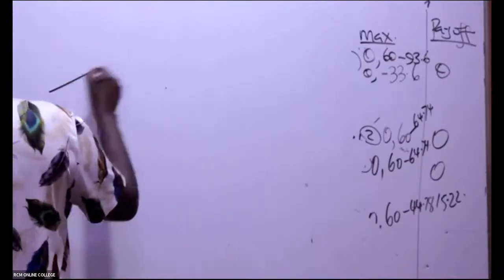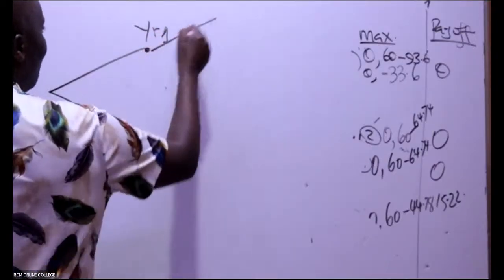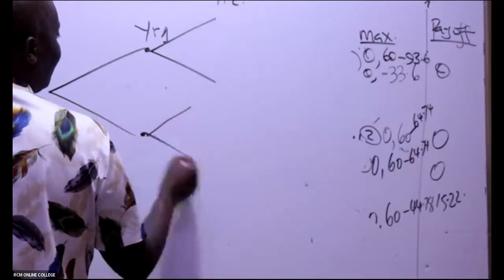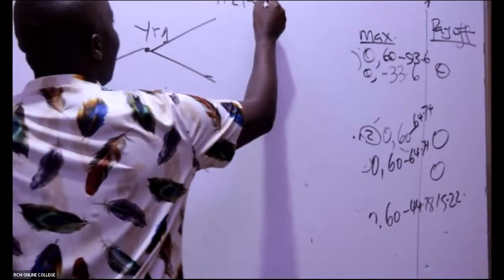So we have year 1, then from year 1, we have year 2. Only payoffs.